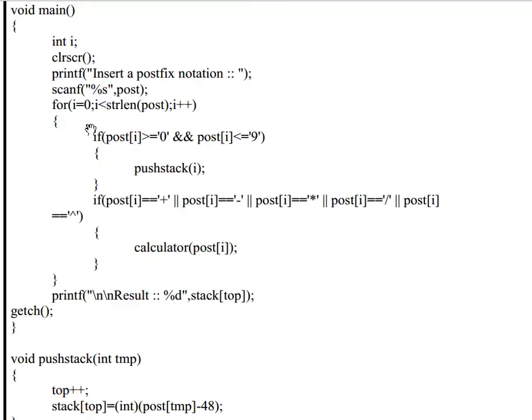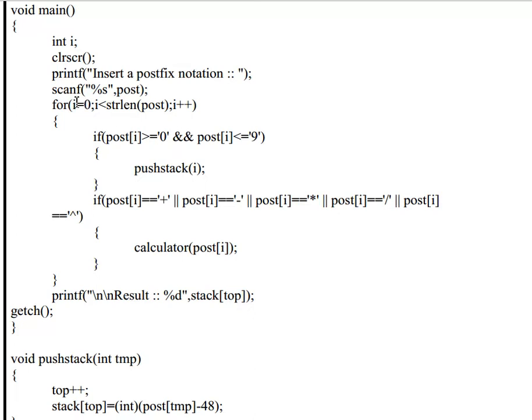So consider the main program. In the main program we need to read the postfix expression from the user, and scan the postfix expression from left to right. Here either we can take a while loop or a for loop.